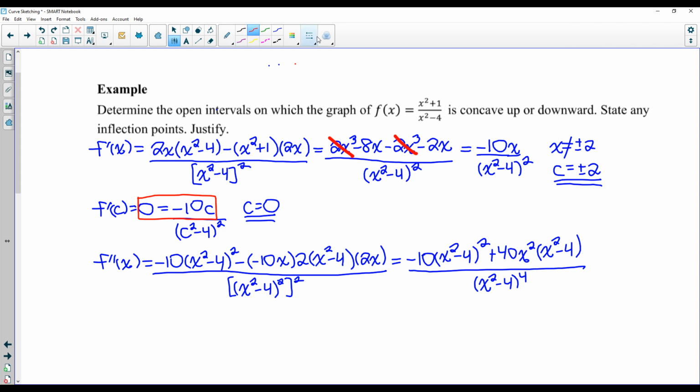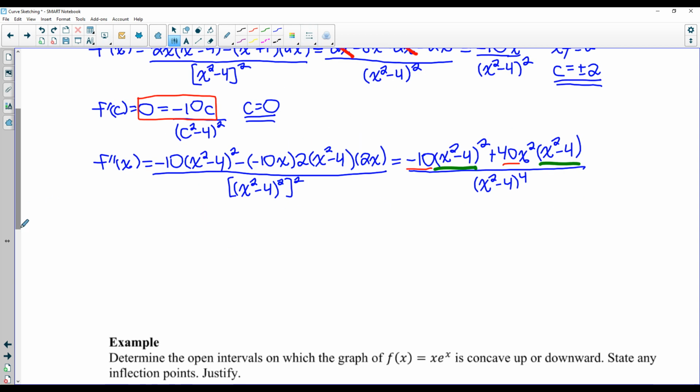Okay, now out of the top here, the biggest coefficient I can pull out is going to be a negative 10. So I'll pull that negative 10 out of the negative 10 and the negative 40 here. And then I can pull out an x squared minus 4 to the power of 1 out of those two x squared minus 4s.